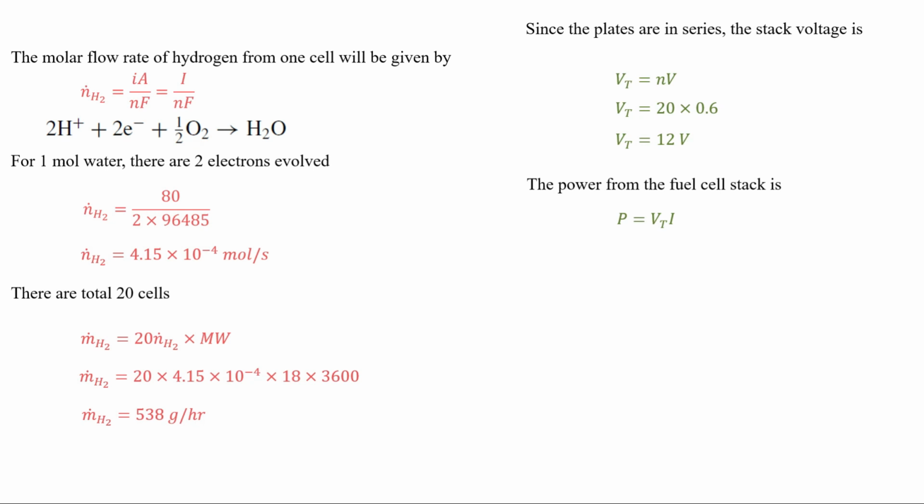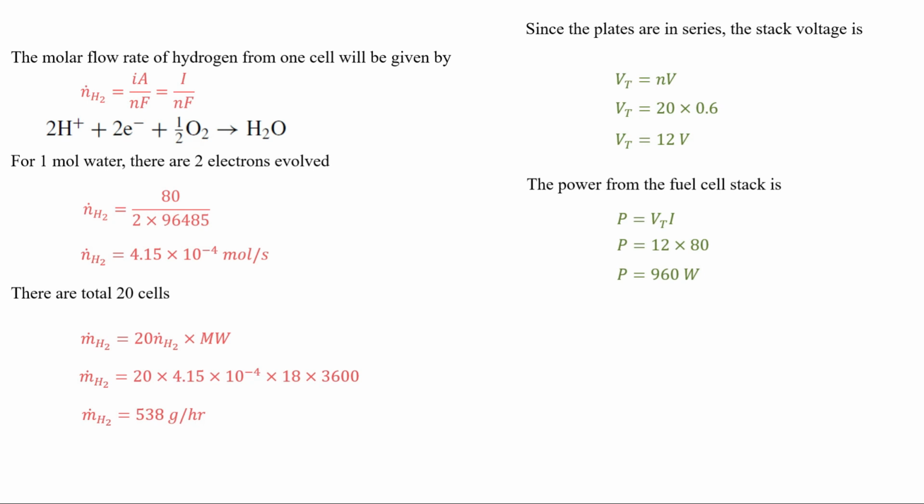So by multiplying 12 into 80, the power generated is 960 watts. So basically the 20 cell fuel cell stack is able to produce 960 watts of power, and it can produce 538 grams per hour of water, and it is able to produce 80 amperes of current and 12 volt of voltage.